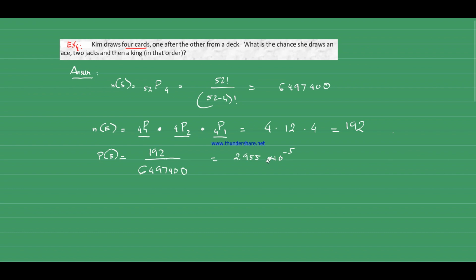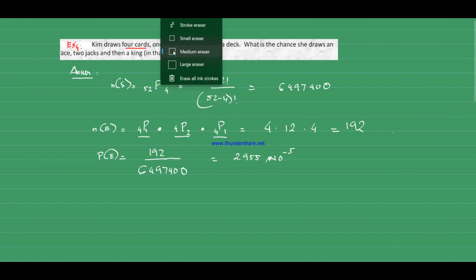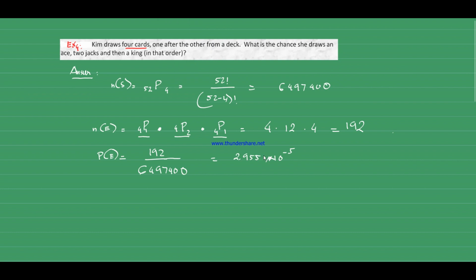Again, it's not a big one either. It's a very small probability here.